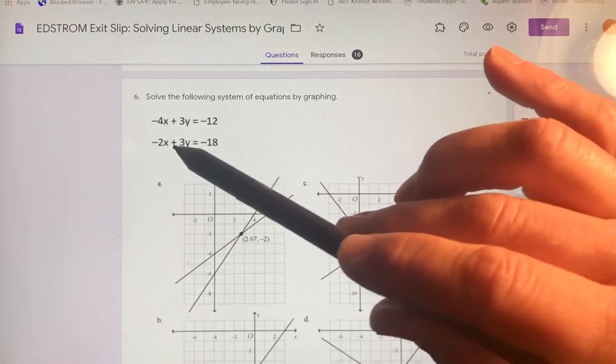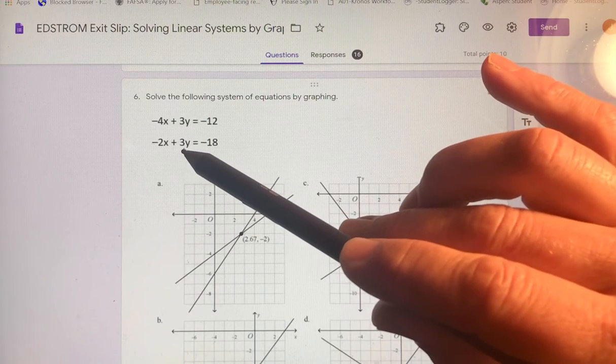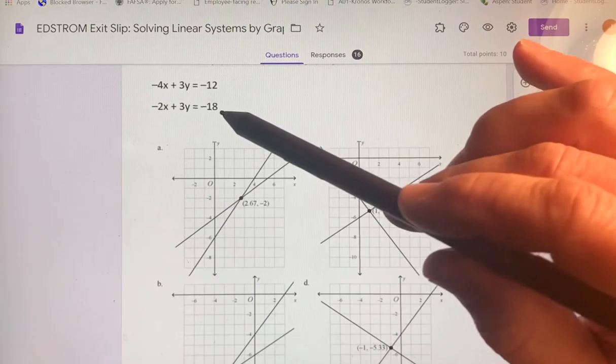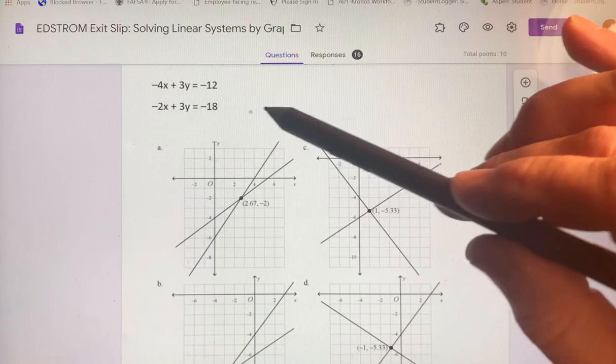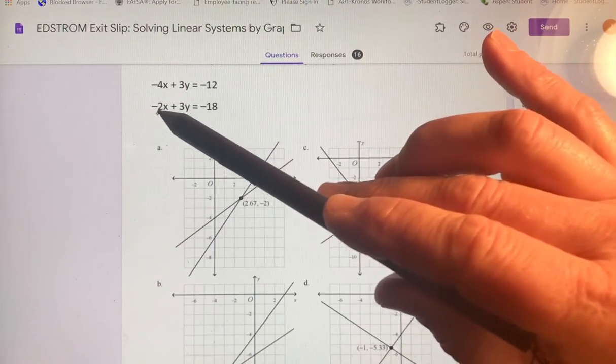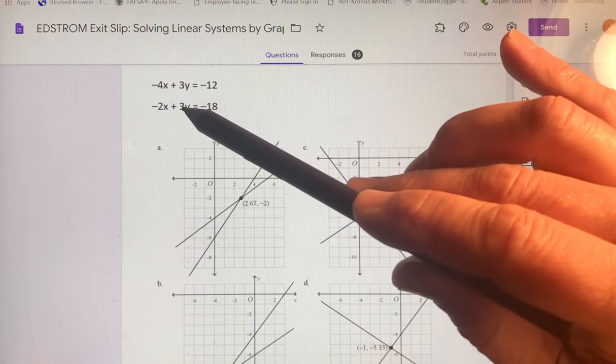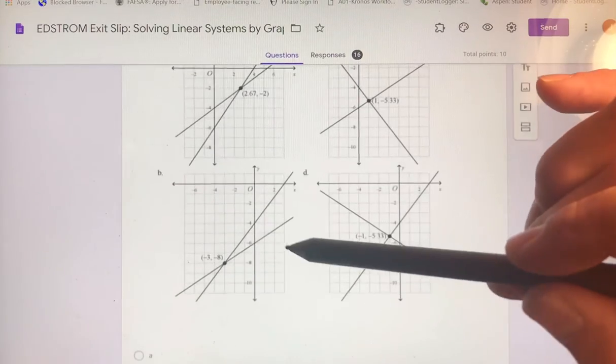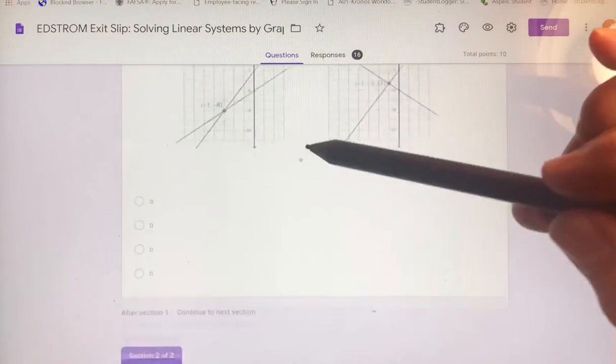And then this one ends up giving you a slope of 2/3. So what happens here is when you add the 2x and then you divide by 3, you would get 2/3. And that turns out to be letter B.